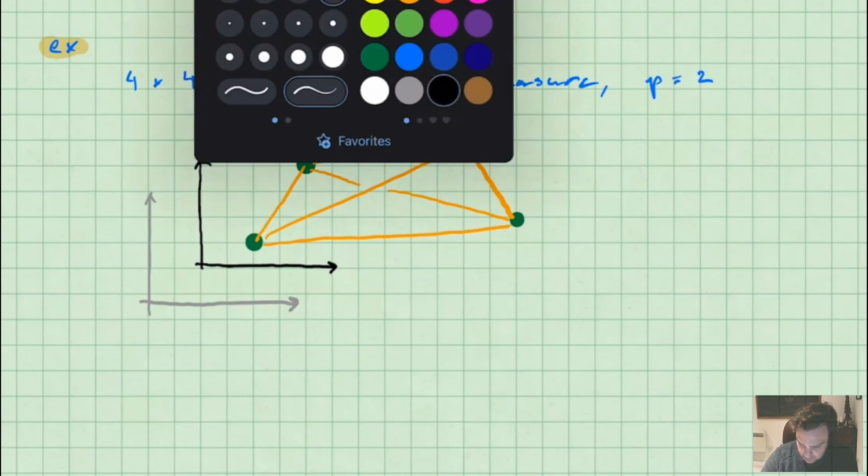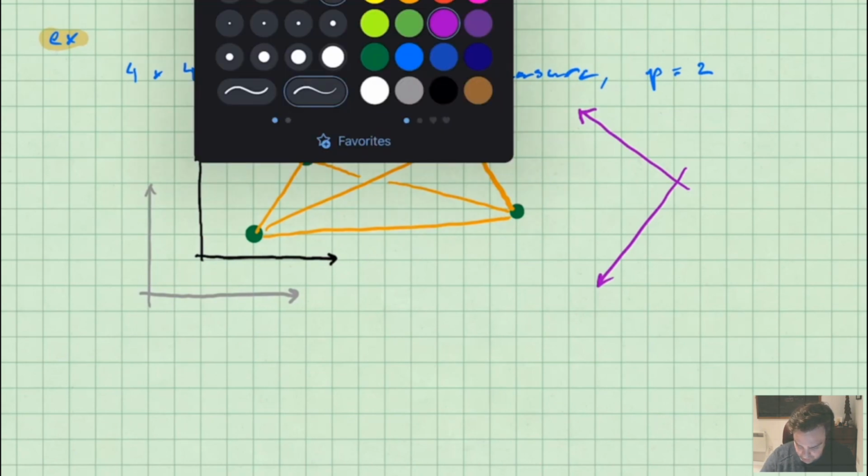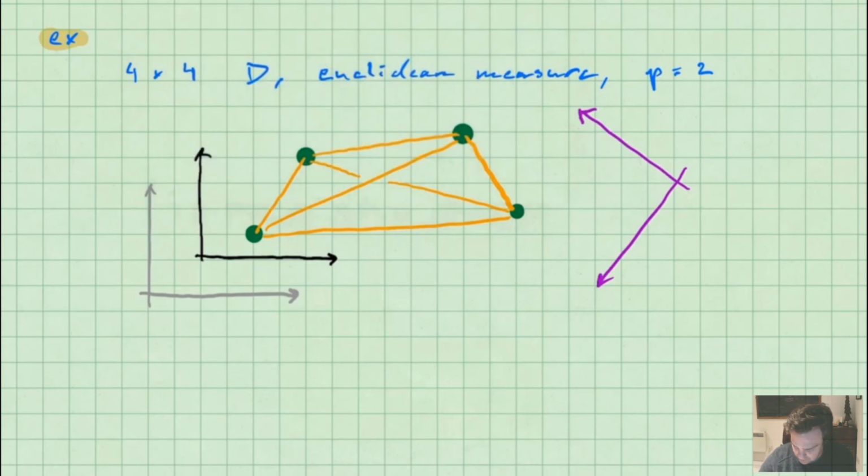Or how about these axes? Or let's say you use a really weird one. I'm running out of colors here. I guess I'll use dark green. It's not even orthogonal, say. So there's 4 different types of axes you could use to describe those data points.